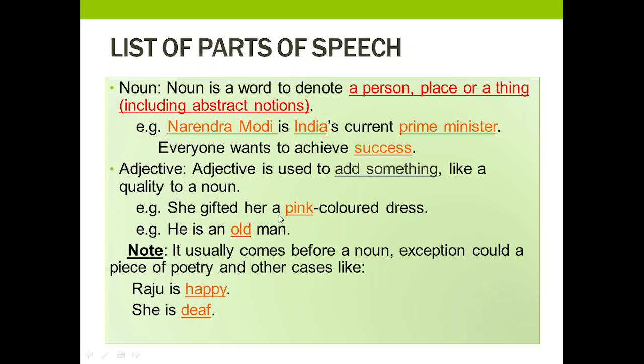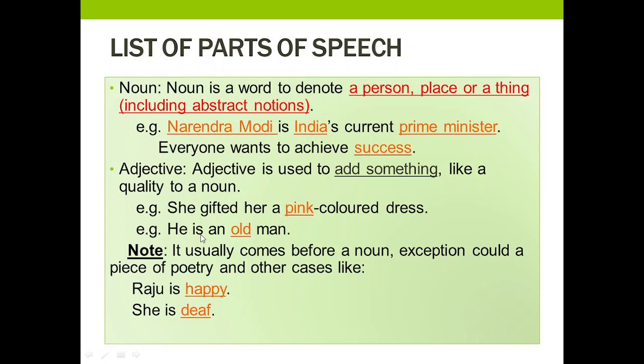In this sentence, this underlined portion, that is pink. Pink, we all know it's a color, so it's an adjective. In pink colored dress, pink is adjective and dress and colored, they are noun. So without noun, adjective can't exist. You should keep this in your mind.